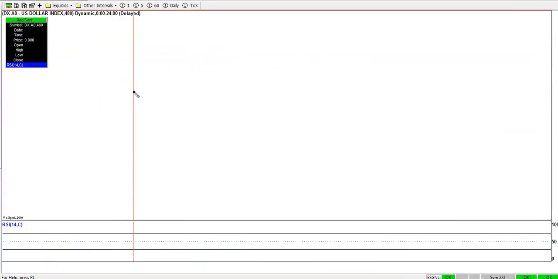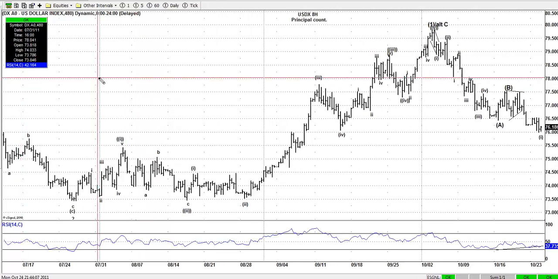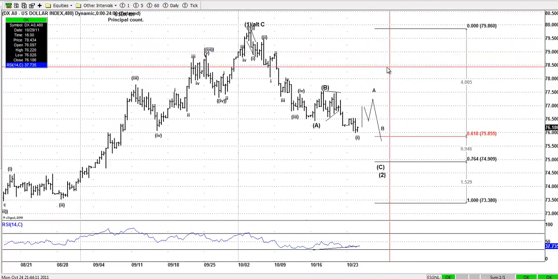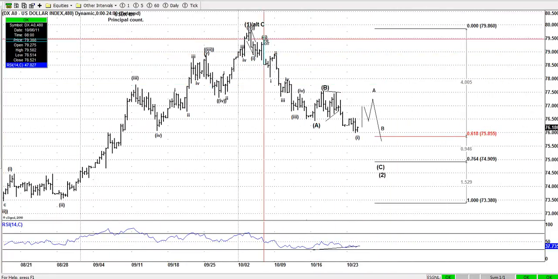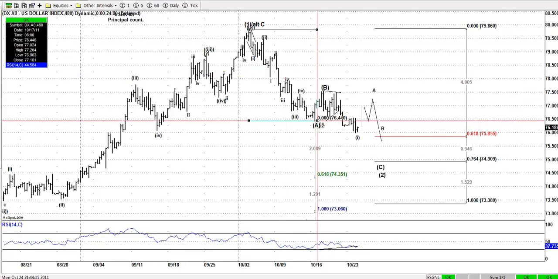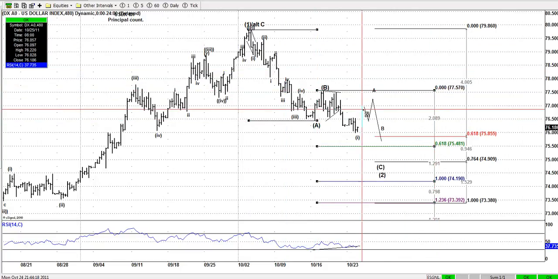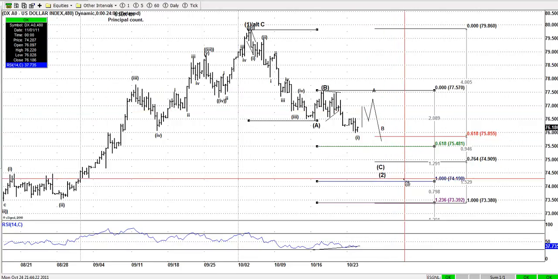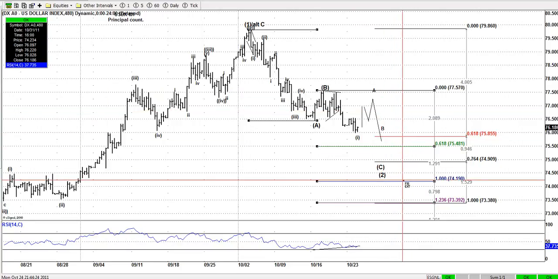Now, the last one, which is the most bearish at this stage, is calling that if that's wave 1 right here, we should then get a wave 2, and then the dollar is going to get some legs around 74.19.